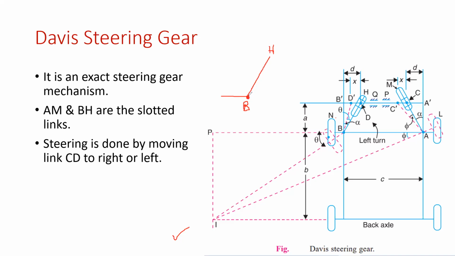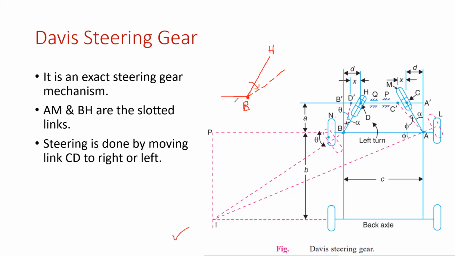Here it is pivoted. Okay, means this link can turn about which point? Point B. So as this particular link turns, it will get some deflection like this. When it turns, the next position will be like this.